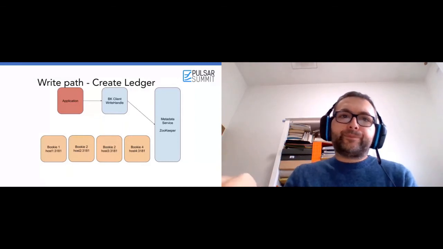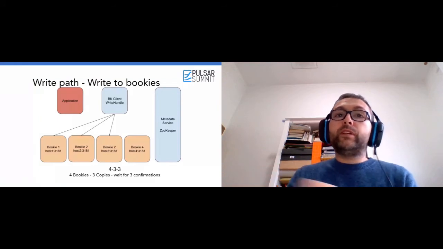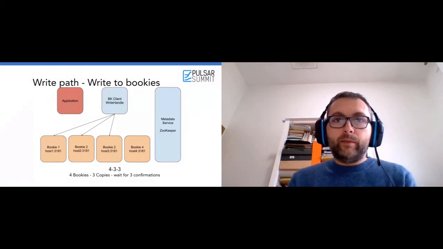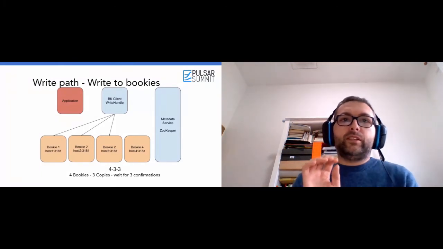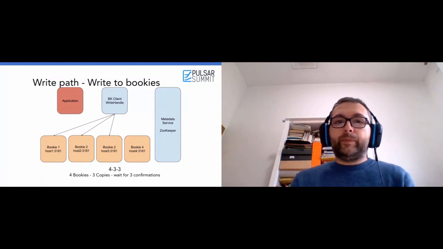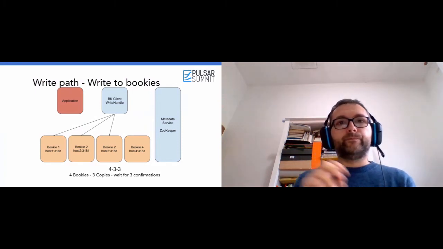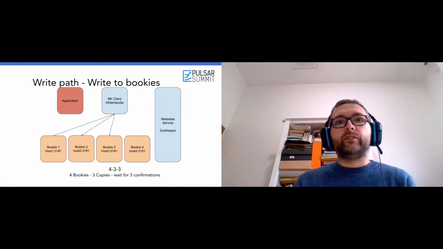Then the client sends the entry to the configured number of bookies. In this example, we are using 4-3-3. So we are writing our ledger to 4 bookies. We are keeping 3 copies for each entry, and we are going to wait for 3 confirmations. The bookie confirms that the entry has been durably written to the journal, and by default it waits for the fsync.